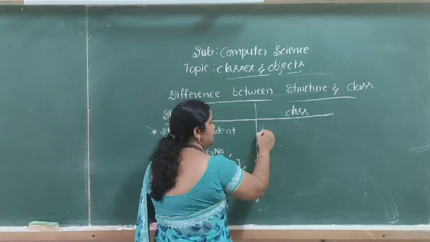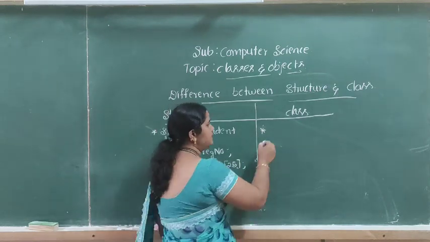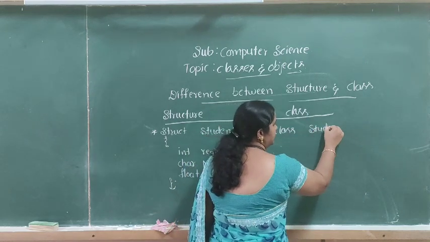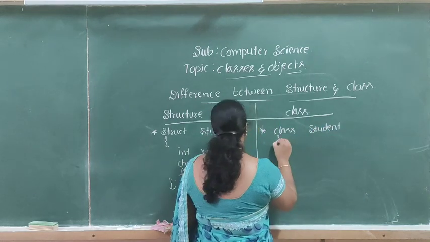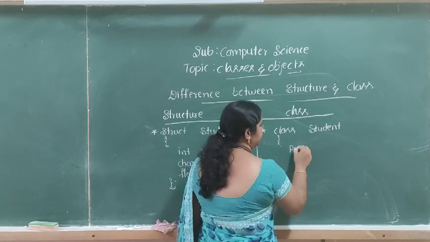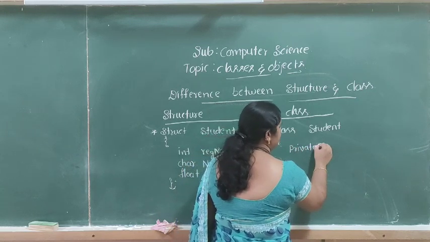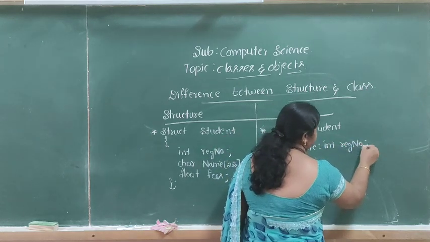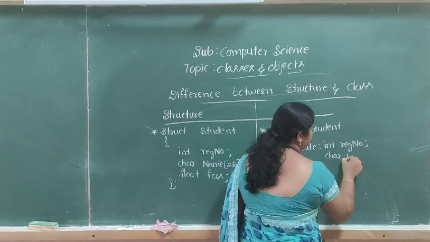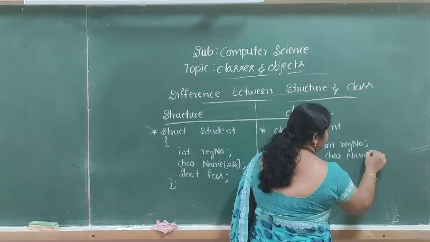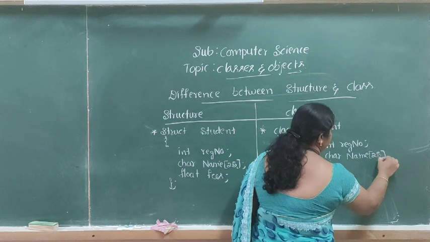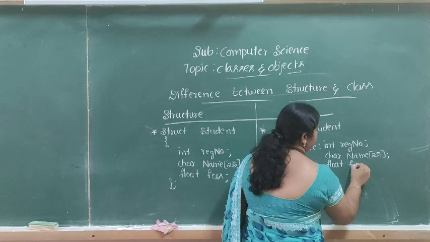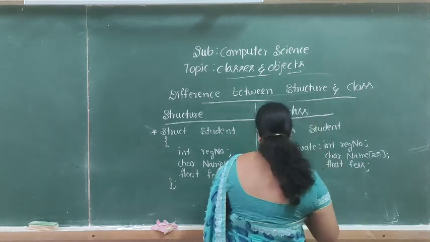An example for class can be written as class student, private: int register number, char name of 25, float fees.